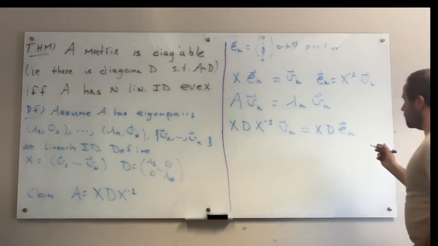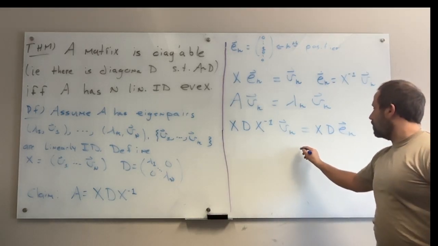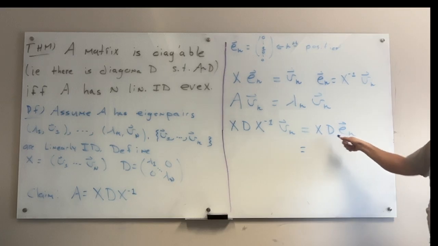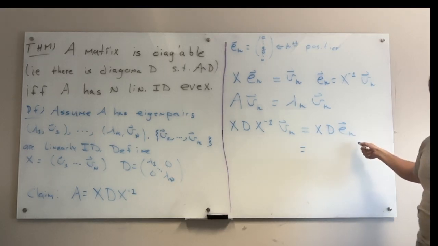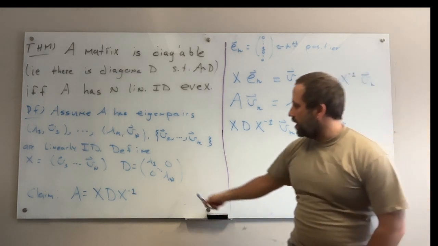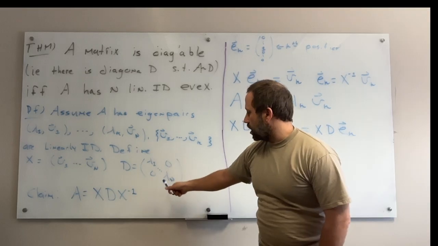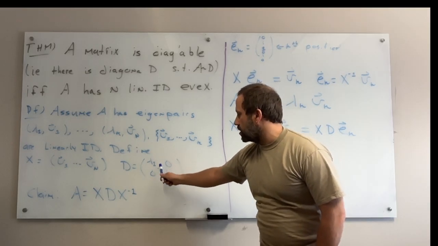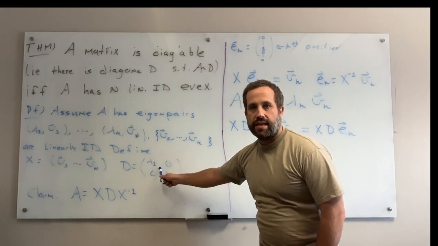So what is the kth column of D? This product here, D times EK, is just going to be the kth column of D. If we come over here, it's the column where there are zeros everywhere except for lambda K in the kth position.